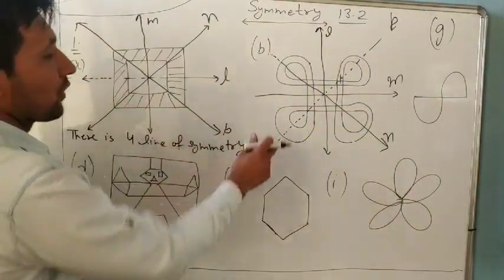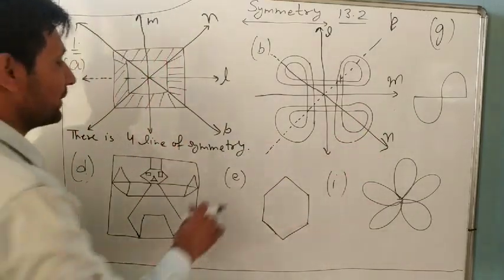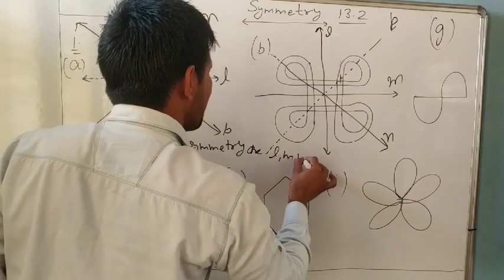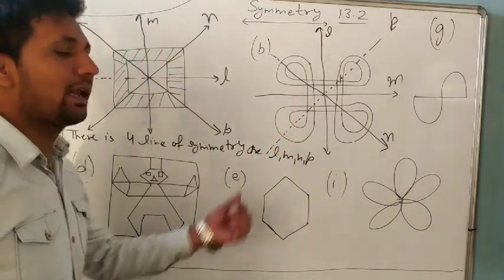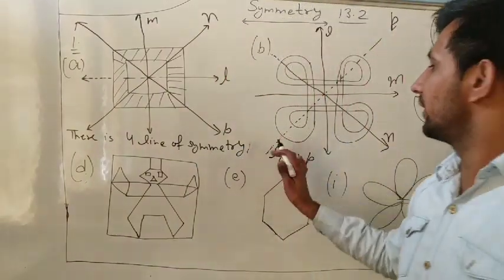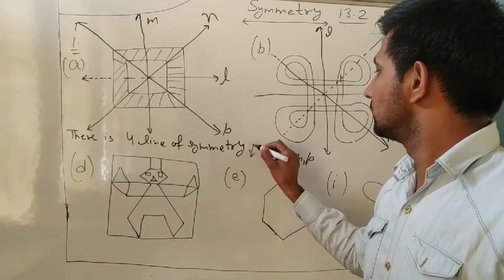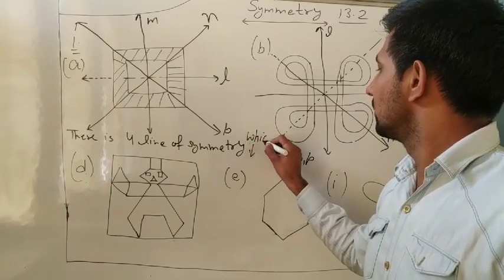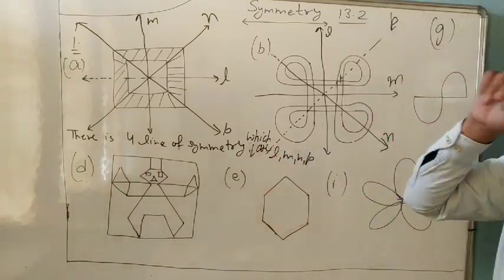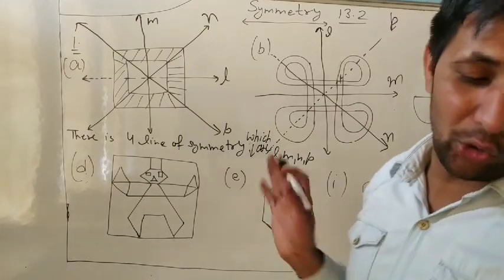There are 4 lines of symmetry, and write there are 4 lines of symmetry, which are LMNP. Understand? Now C part, do it yourself.